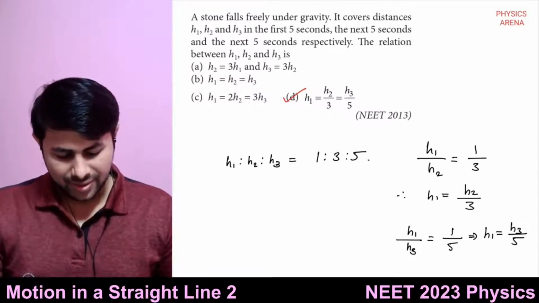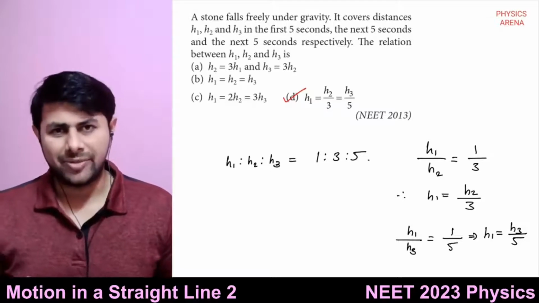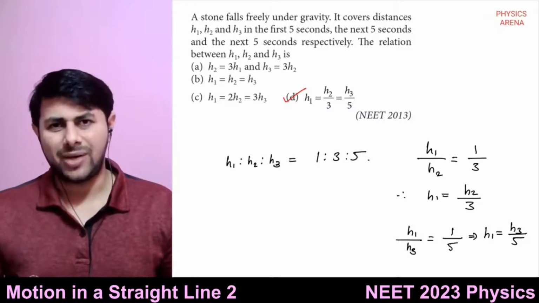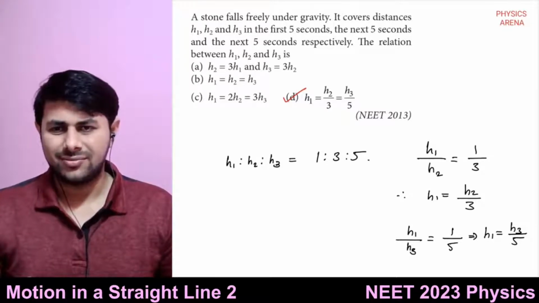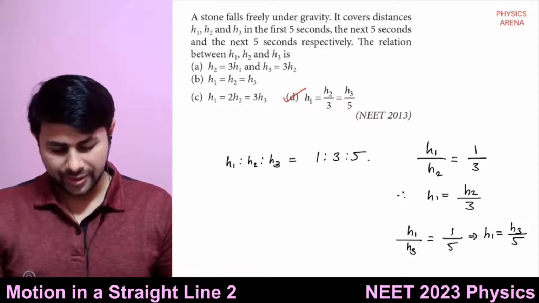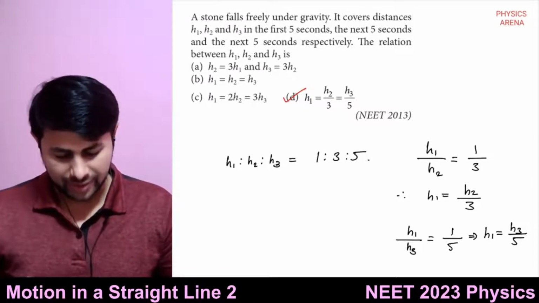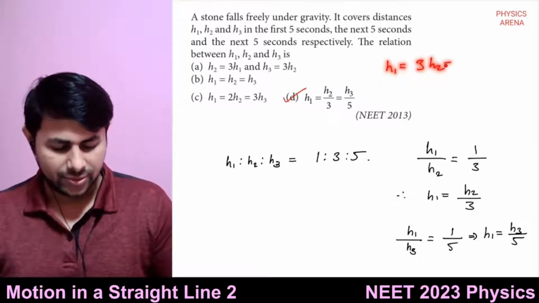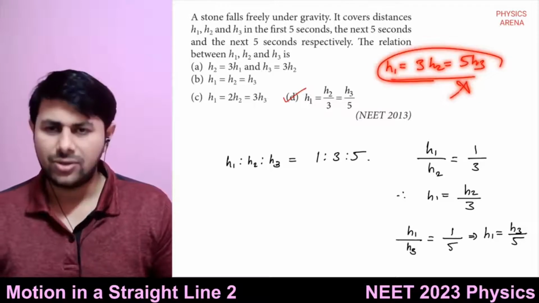And I guess you will not be tempted to write any other answer because there is no 1, 3, 5 anywhere. Okay, right? So I was checking if there is some option where h1 is equal to 3 times h2 is equal to 5 times h3. So this is definitely not correct.